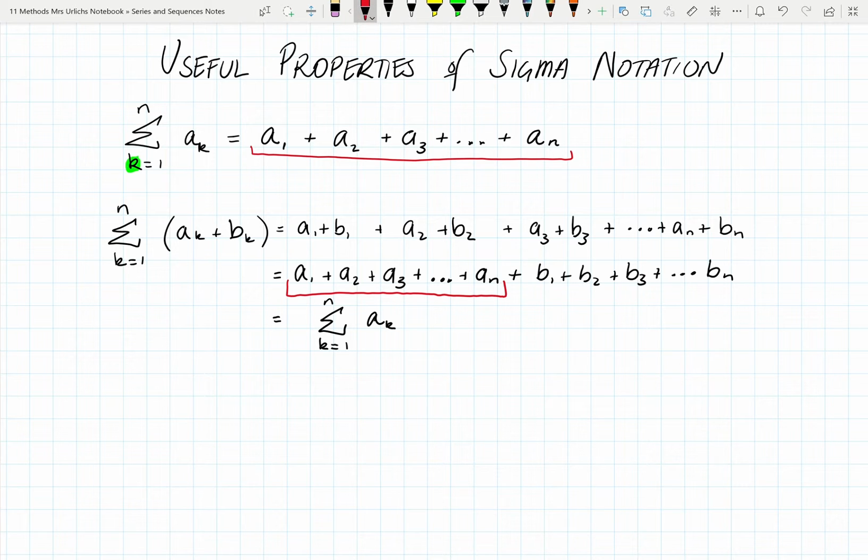Similarly, and I'll do this in orange, these b terms are the sum from k equals 1 to n of bk. And so the property that we've discovered here is that the sum of ak plus bk is the sum of ak plus the sum of bk. Okay, that's our first property.